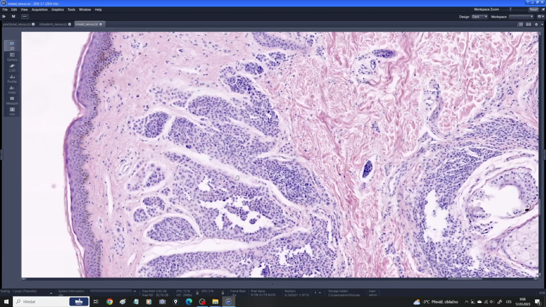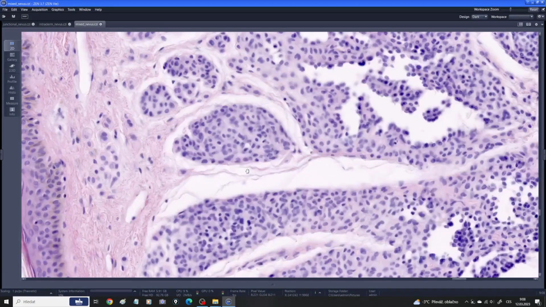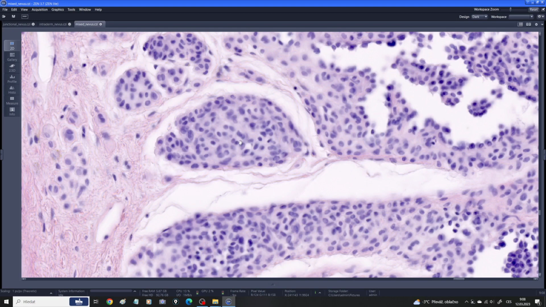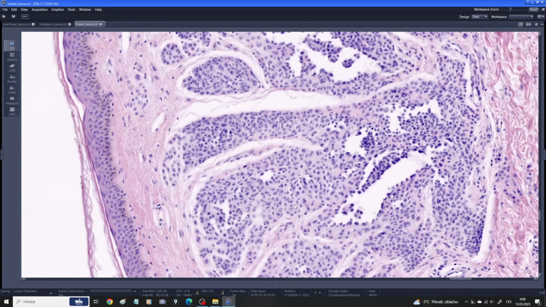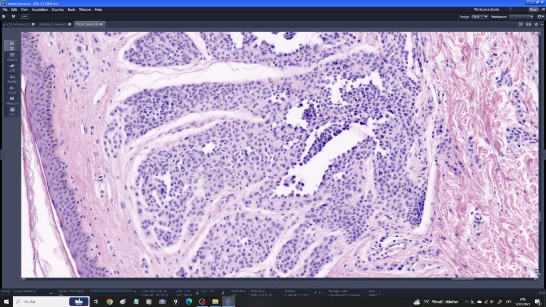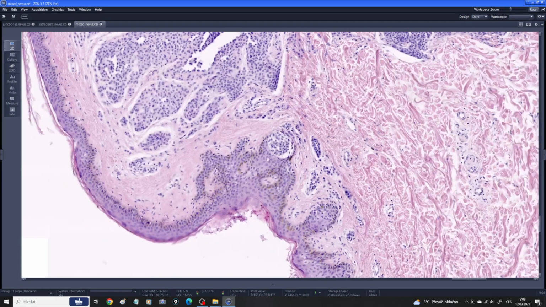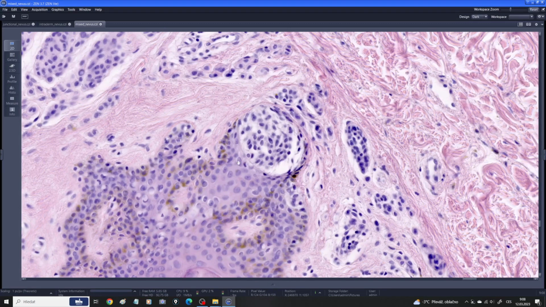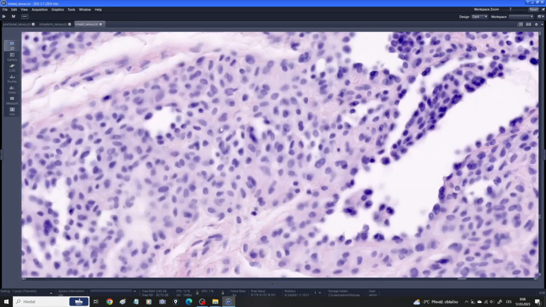And also what you can see here is, it's not a good image, but I think we can appreciate it anyway. If the melanocytes are situated in the dermis, they look slightly different from the intraepidermal melanocytes, because those intraepidermal melanocytes are quite pale looking with a pale cytoplasm, but the intradermal ones are more eosinophilic.